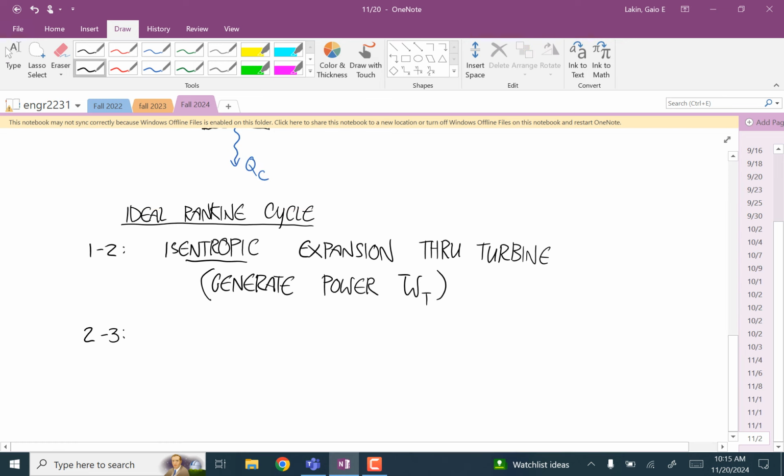From state 2 to state 3, we have an isobaric, so constant pressure, heat rejection to the condenser.